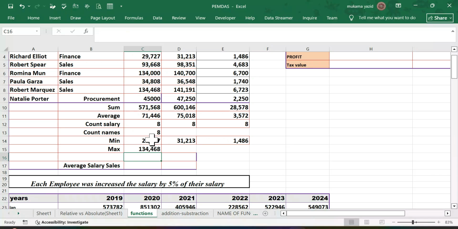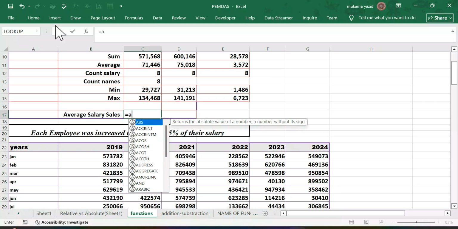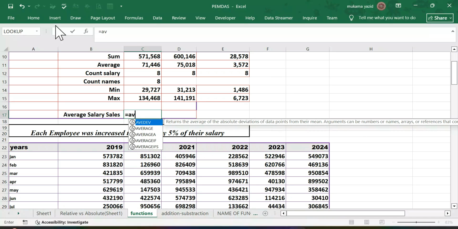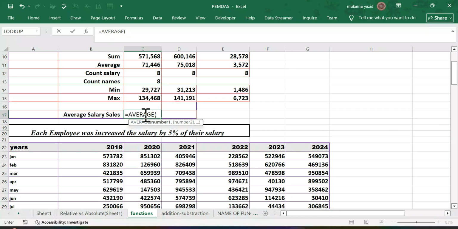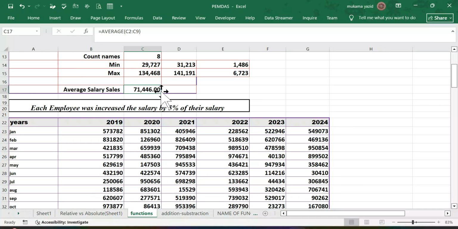Press enter to get the answer. So average, the same story, you can press equal sign average. From the list it will come. You select the right choice, press the tab key, then select the numbers up to here, press enter, then autofill to get the rest of the answer.